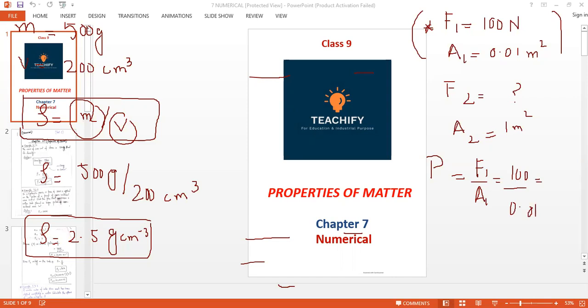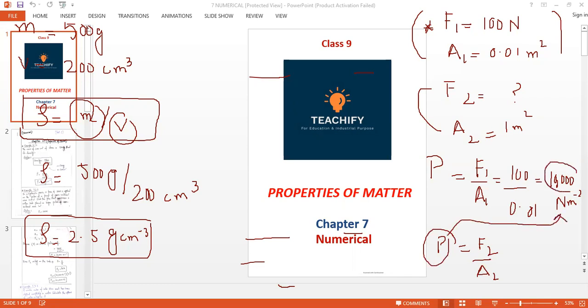So pressure equals 10,000 Newton per meter square. Okay, now we have to find the pressure on F2, this body. So pressure equals F2 divided by A2. As the value of pressure is 10,000, putting this in the equation we'll find the value of F2.